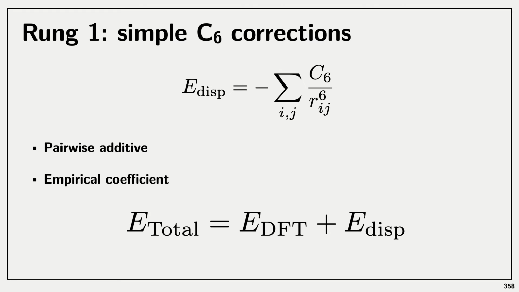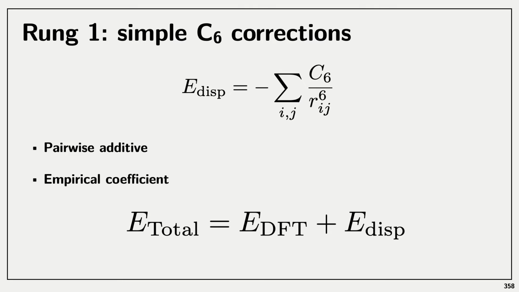The first rung is an interesting effect, because it says, all right, I am missing an important piece of the energy, and as a result of the forces. And that thing that I'm missing really is this 1 over R6.